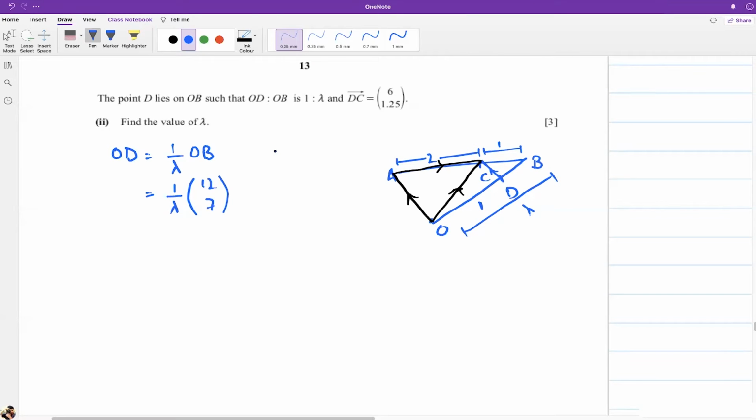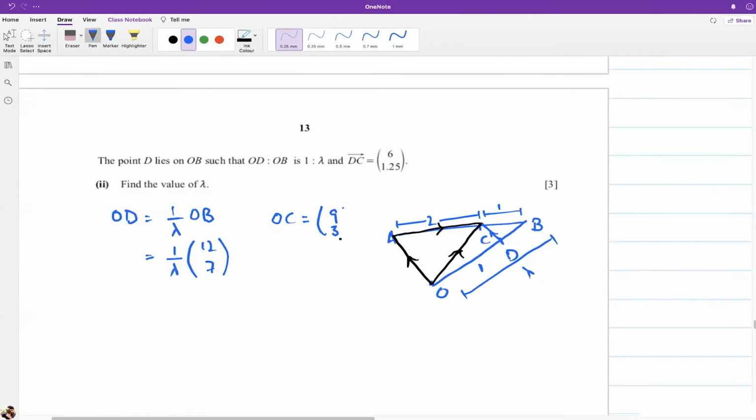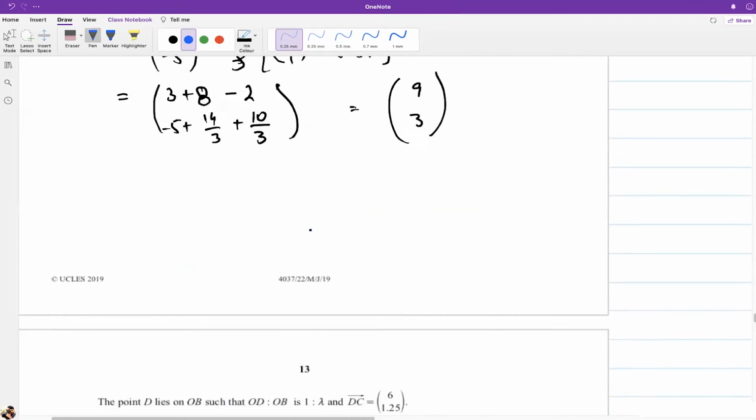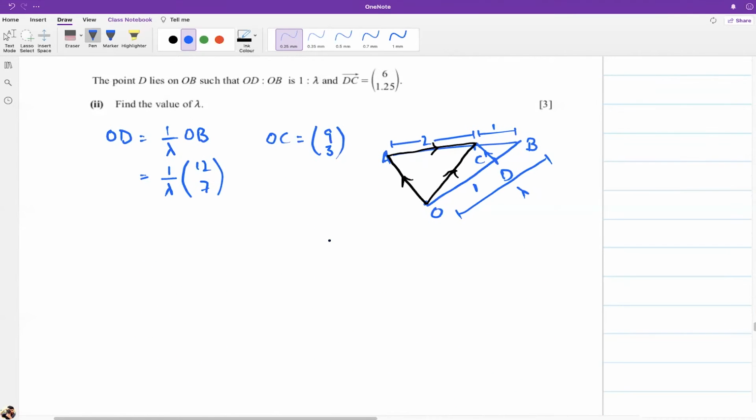Now we already have OC from the previous part, which is (9, 3). If somebody messes this one up, they won't lose marks in part 2. If you didn't get the right answer in the first part, it won't affect your result in the second one. Just make sure you use the value that you've calculated, regardless of whether it's right or wrong.